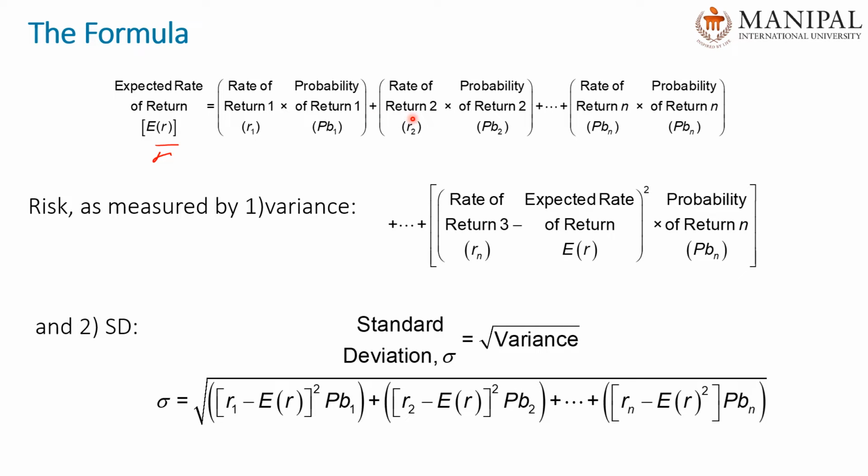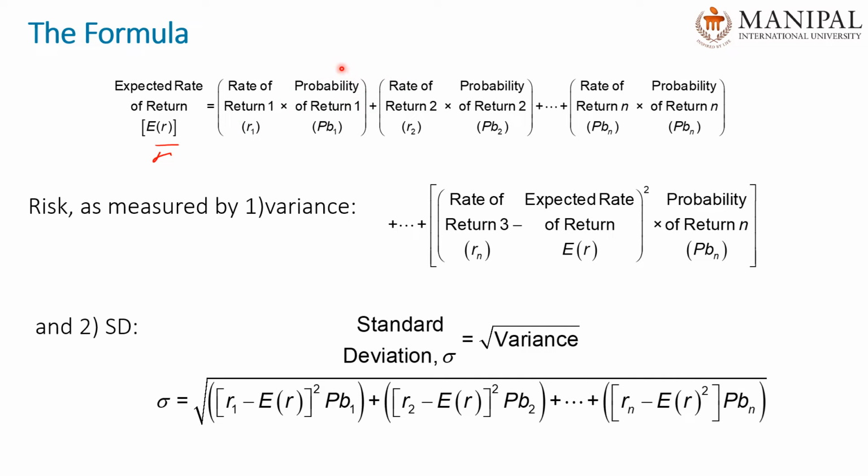Let's say, for example, if the economy is going to be a boom economy, the rate of return in that situation is going to be higher. But as we are unsure of the situation next year, there's a possibility that next year the economy is going to be a boom, maybe moderate or even recession. So these are the probabilities.